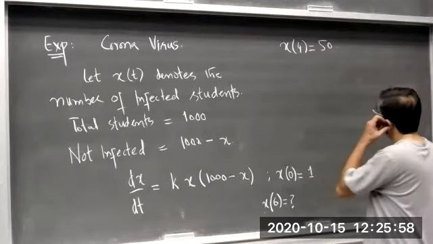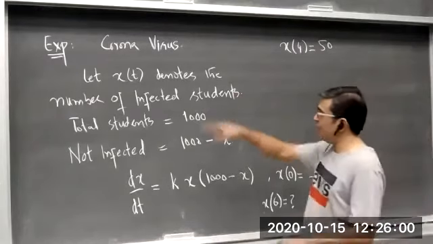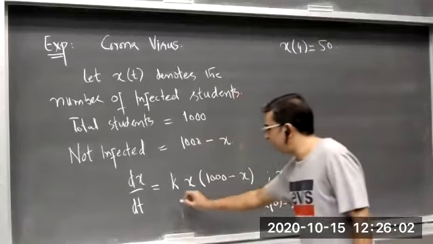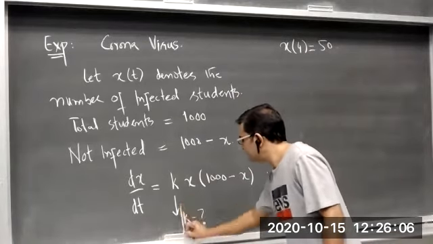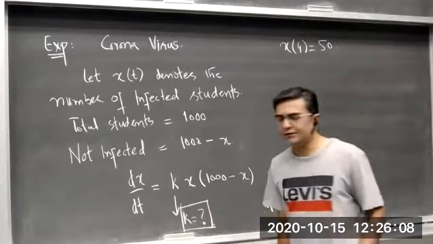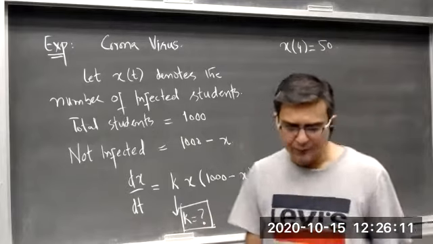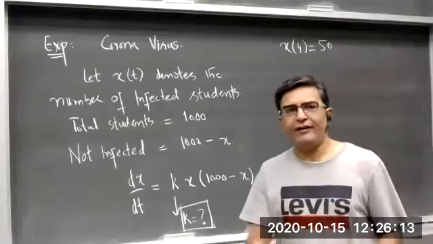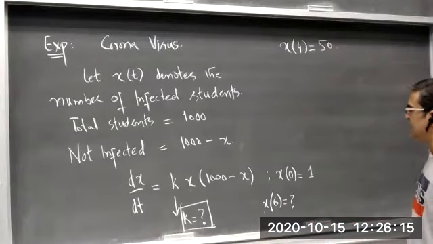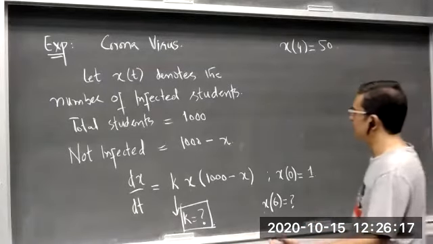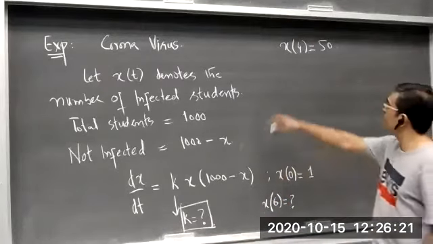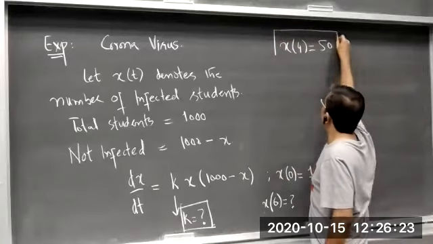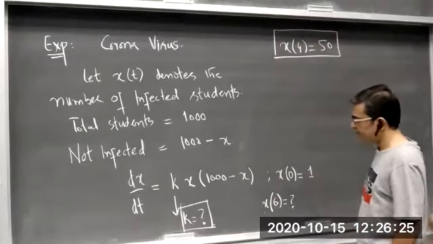Now, we do not know the value of k in this question. What would be the value of k? Because in this particular problem, the rate of spreading of the infection is not given. We can compute k by using the given condition.